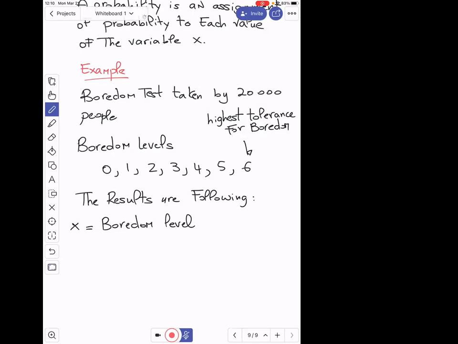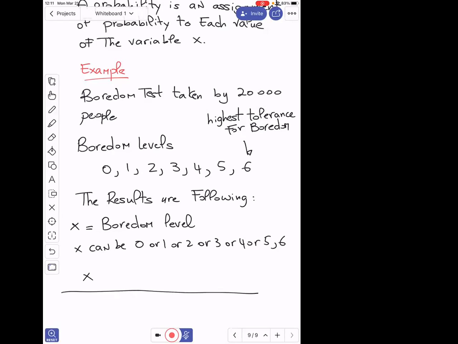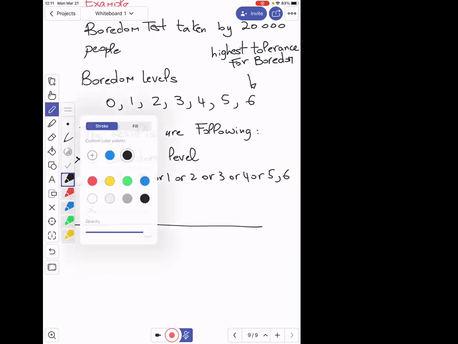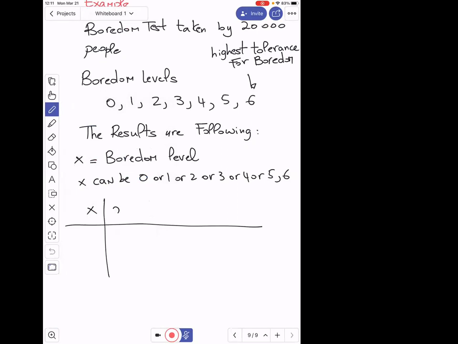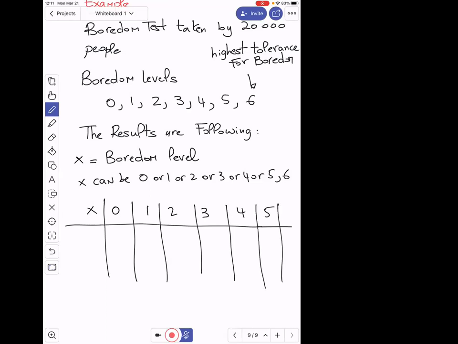So x goes from 0, then 1, 2, 3, 4, 5, and 6.